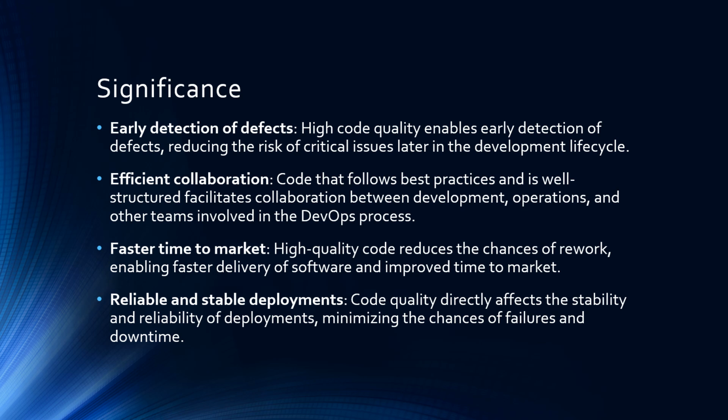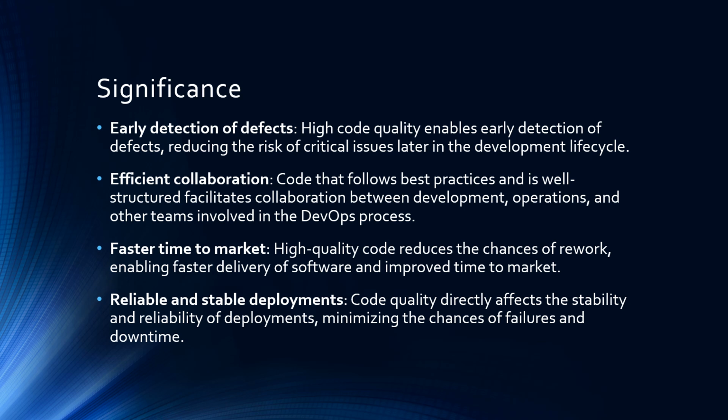Well-structured, properly tested code leads to fewer production incidents and more predictable deployments. This is especially crucial in a DevOps environment where frequent deployments are the norm. Think of code quality as an investment in your project's future. Just as regular maintenance keeps a car running smoothly, maintaining high code quality ensures your software remains reliable and adaptable over time.